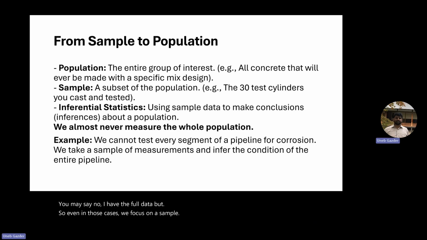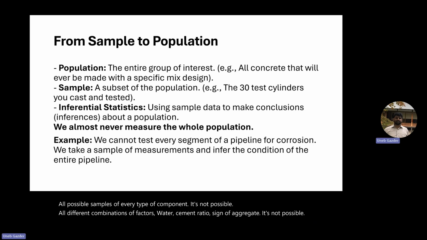In some cases, the entire data is not possible. For example, concrete. You cannot test all possible samples of every type of concrete, and all different combinations of factors, like water cement ratio and size of aggregate. It's not possible.